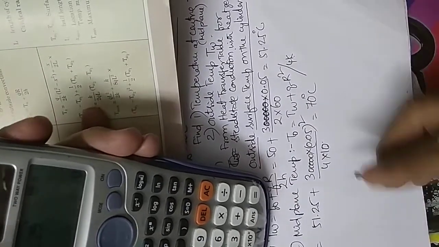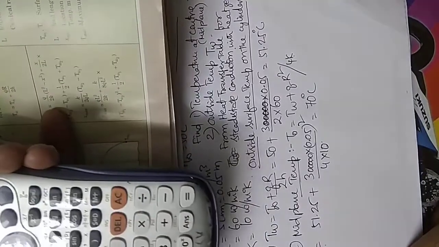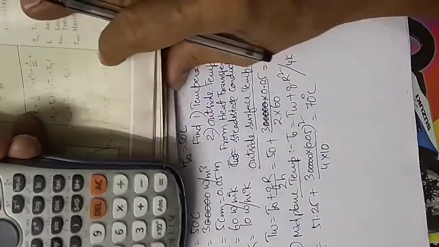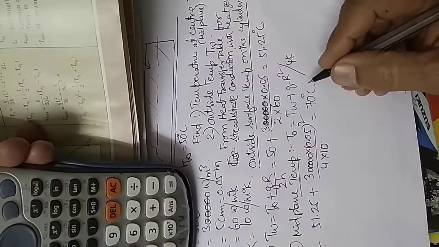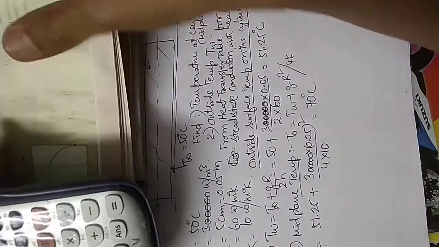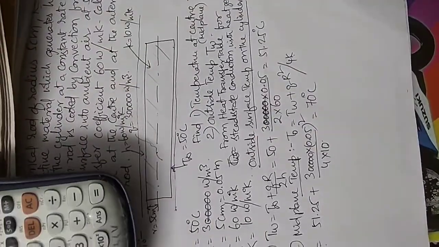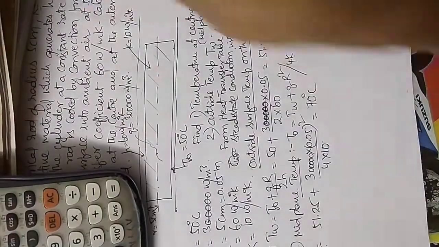So this is the mid plane temperature. T0 is 70 degrees centigrade. You can calculate using this formula.